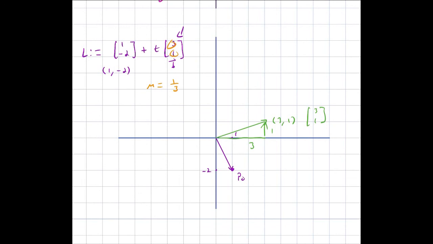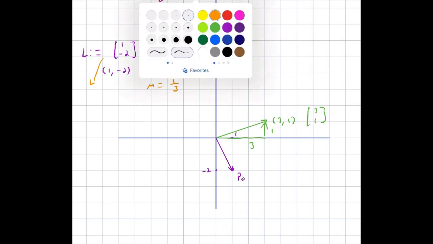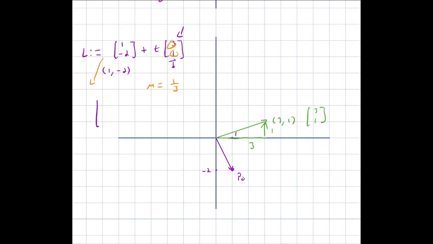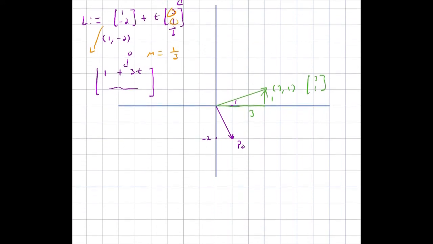And the y-intercept, well, how do I figure out the y-intercept? Again, this is the slightly trickier part. I want the x-coordinate, which is 1 plus 3t, to be equal to 0, and then I'm going to figure out what the y-coordinate is once I solve for that t.